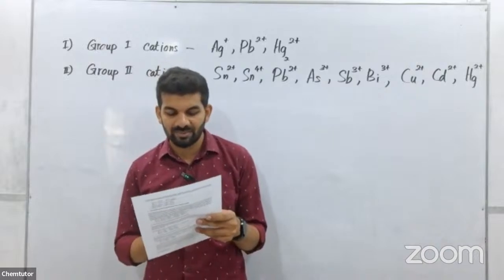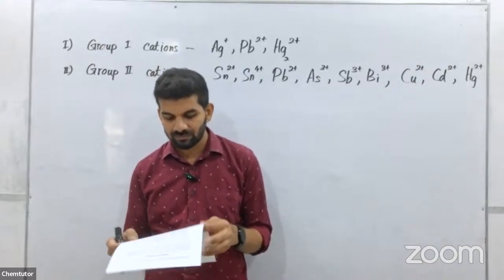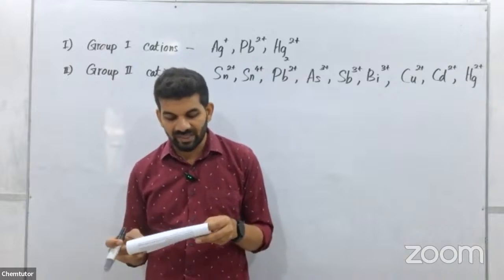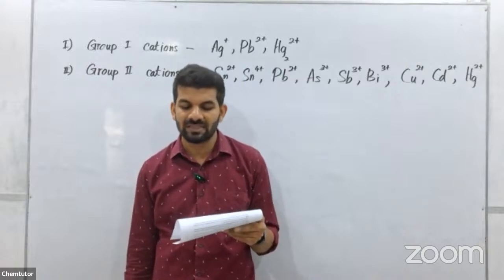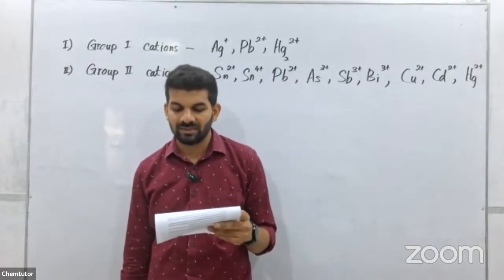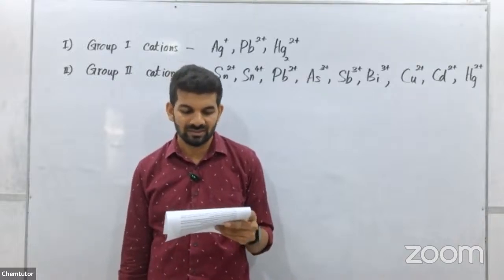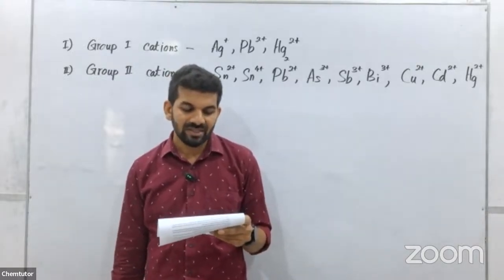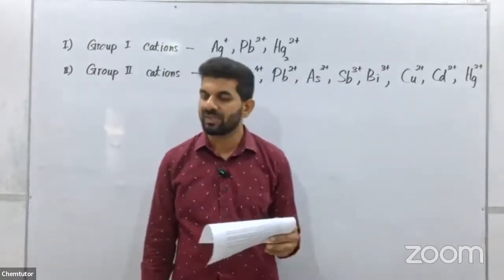The first one is the chemistry of the precipitation of the group 1 cations. The precipitating reagent of group 1 is a dilute solution of hydrochloric acid. Its concentration is about 6 moles per cubic decimeter, not a very concentrated one. If you have highlighters, you better highlight the reagent.